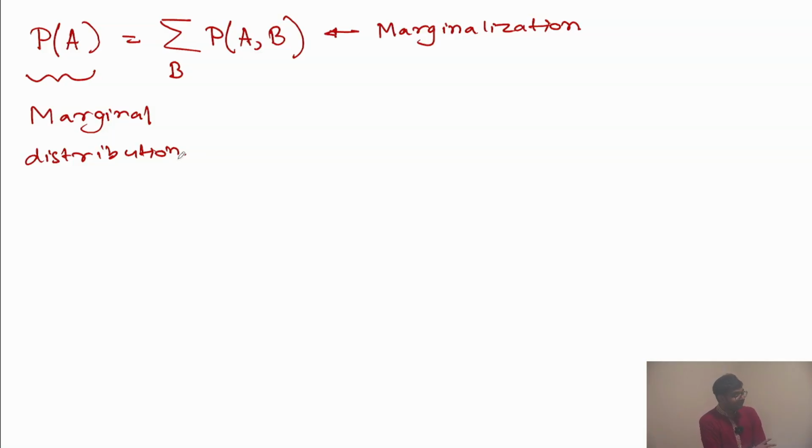So, this process is also known as integrating out, because this summation will become integration if A and B are continuous variables, and then you will say you are integrating out a variable. These are very common terminology that are used interchangeably. Marginalizing out a variable, integrating out a variable, all of these are used quite commonly and interchangeably. So, you should be aware of this terminology.